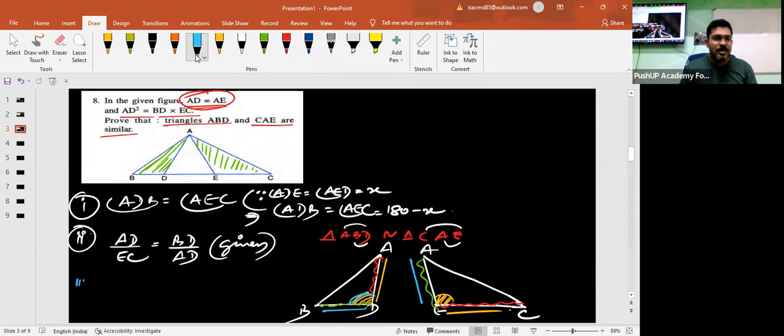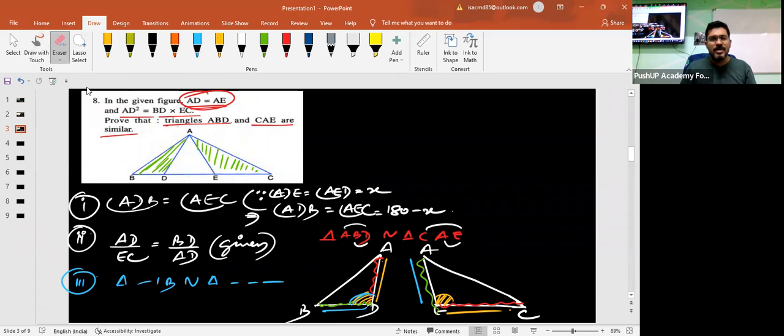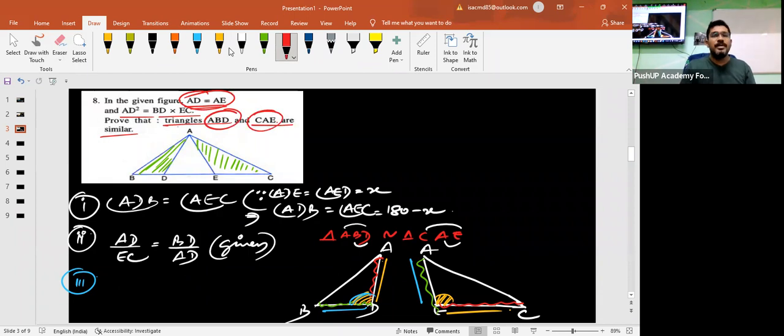So children, the third point would be what? Triangle ADB is similar to, now see, we have to figure out which are the corresponding vertices. Triangle dash dash dash. They have already given it in the question, so you don't have to break your head, children. See this, triangle ABD and triangle CAE are similar to each other. So if it is given to you in the question, just write it directly. That's all.